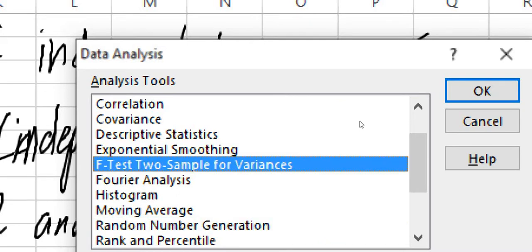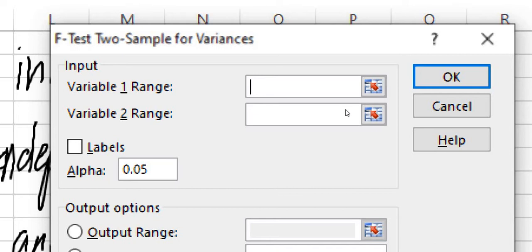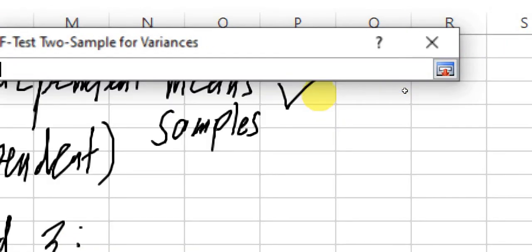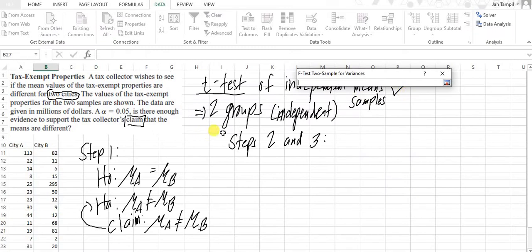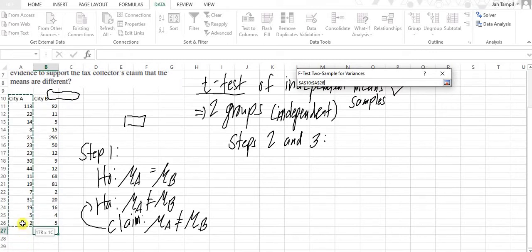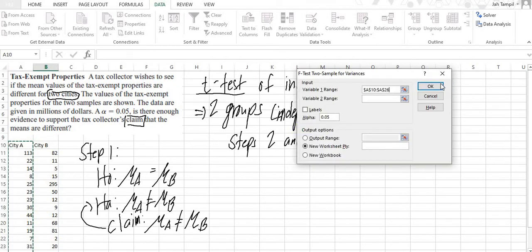So this is the test that we will do first before the actual t-test. So once we have this, we'll click OK. So here are the things that we would need. So let's have variable 1 first. Let's zoom out. So variable 1 is here, city A. Let's select that. Because that's the first one given, let's make this as our variable 1. There we go.